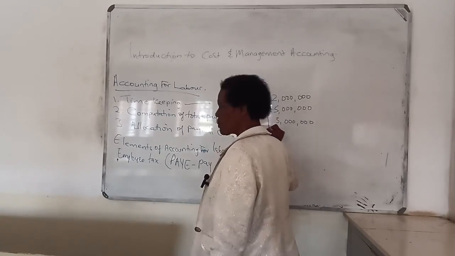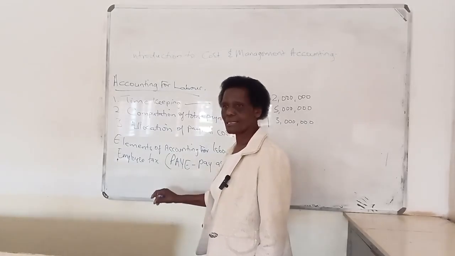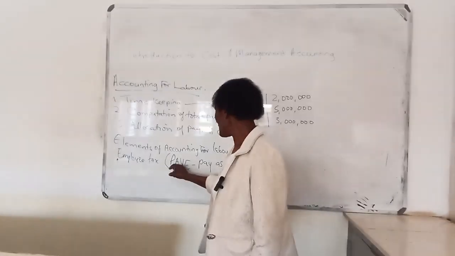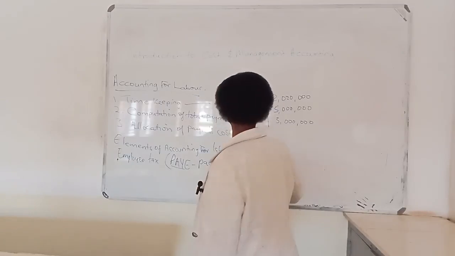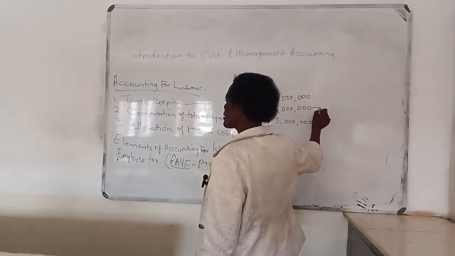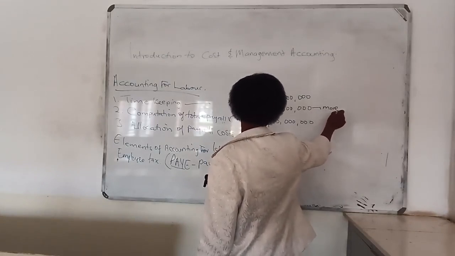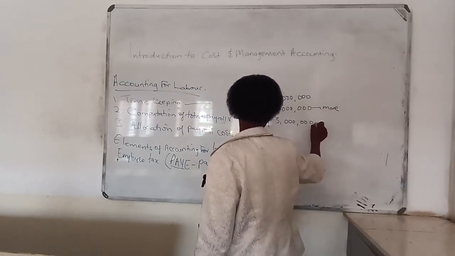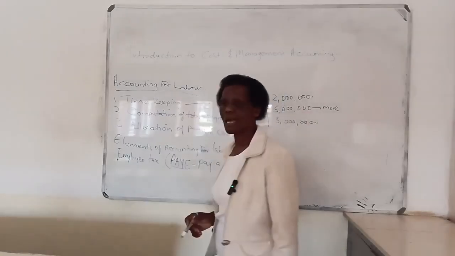So these three people are not going to give the same tax. They are going to give based on pay as you earn. It means this one is going to give more tax than him, and him is going to be more than her.